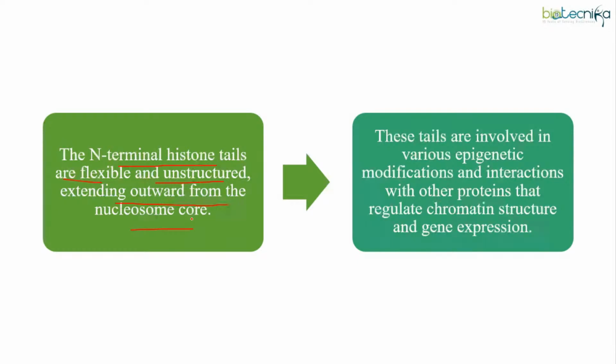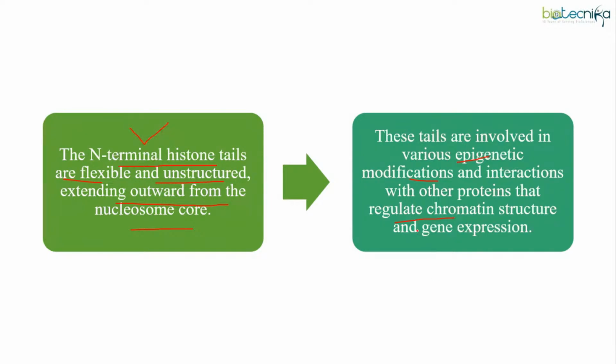Also, it is in the N-terminal region that most of the post-translational modifications, that is, epigenetic modifications, take place. Chromatin structure regulation, whether to switch the gene on or off, is also carried out based upon the kind of modification.